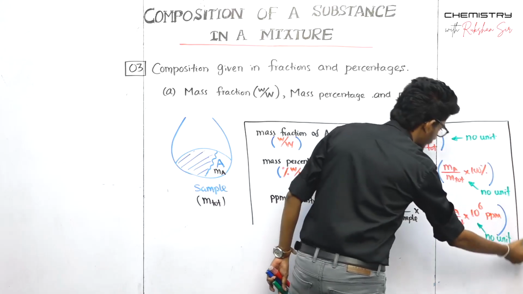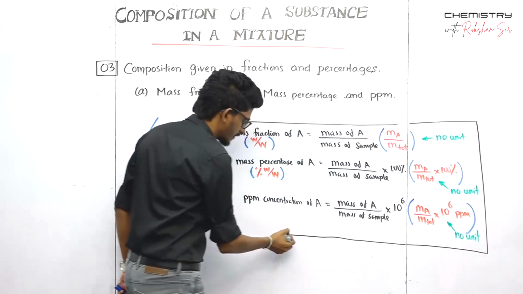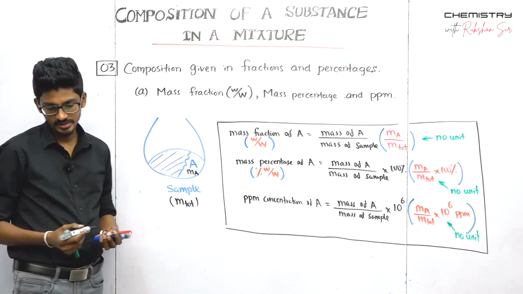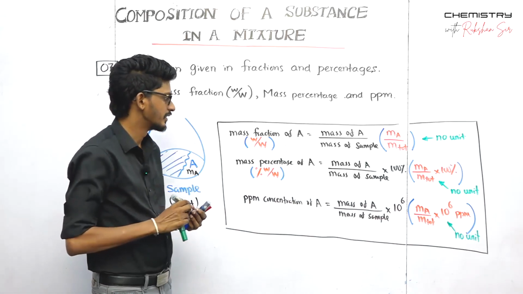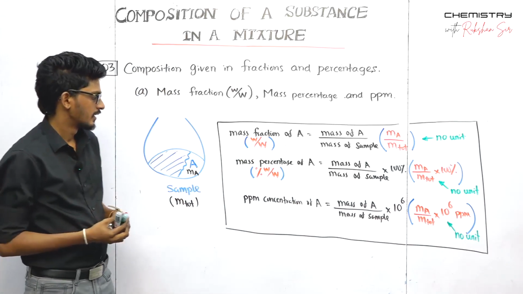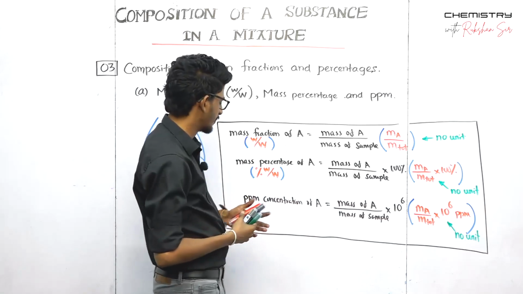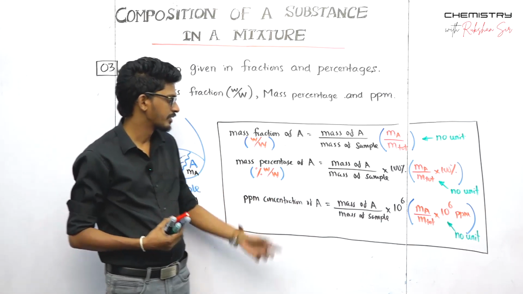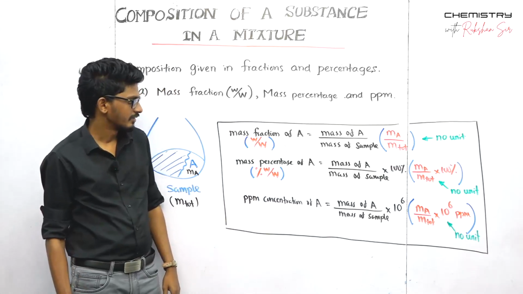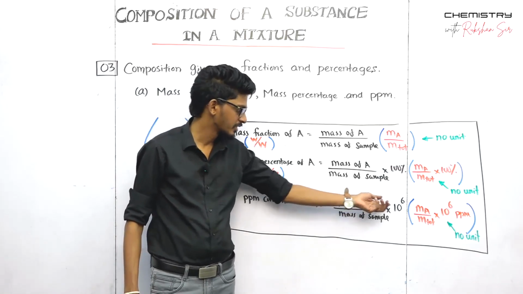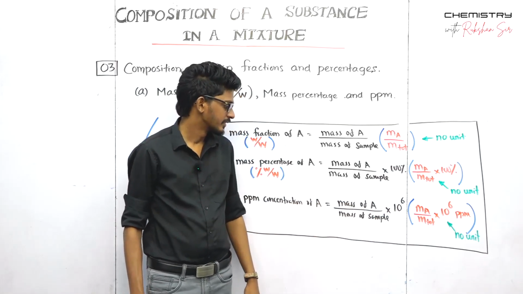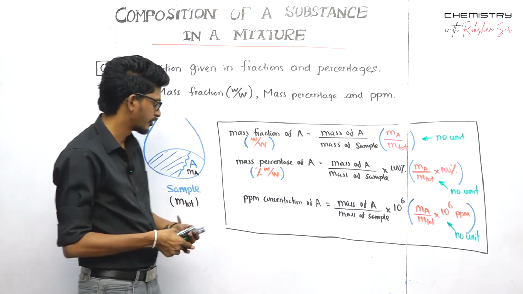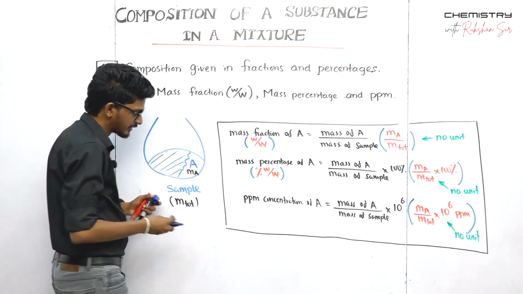You can box the stuff. These are there in the note, at page number 8, where you can clearly see these things appearing. If we discuss a bit about the ppm concentration, it's like mass fraction into million. It is also referred to as parts per million. This ppm stands for parts per million.